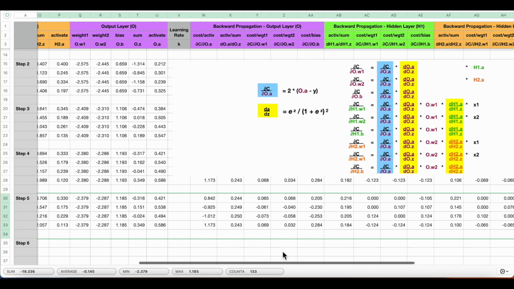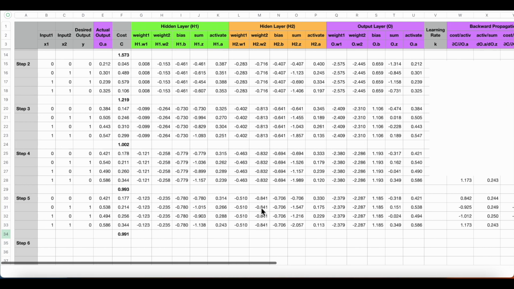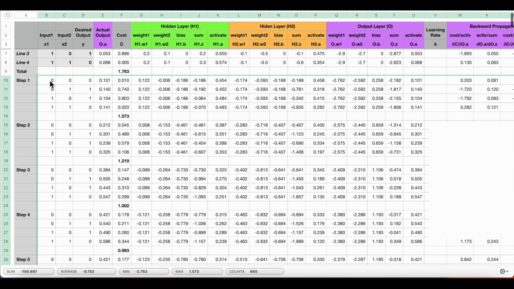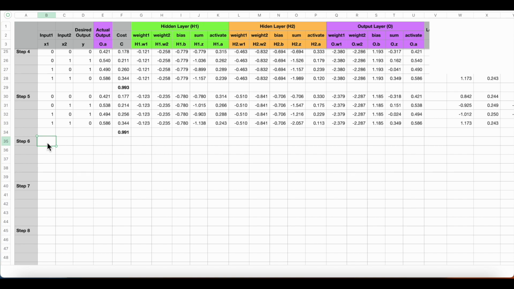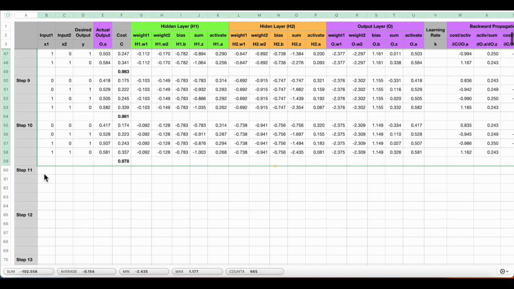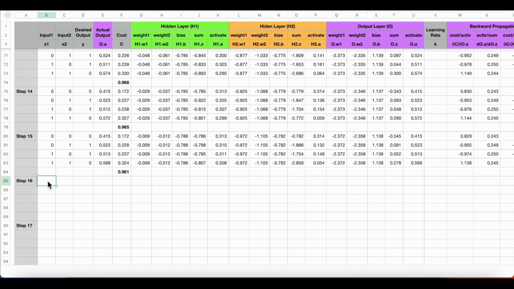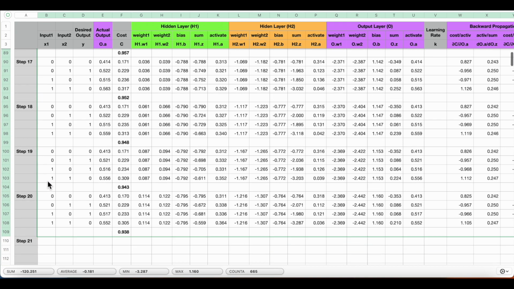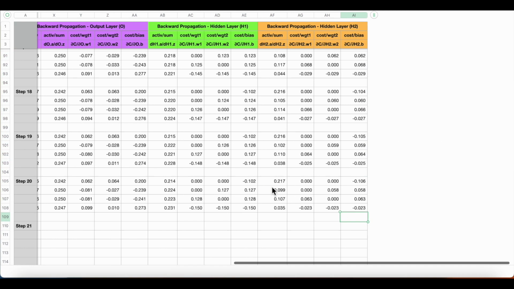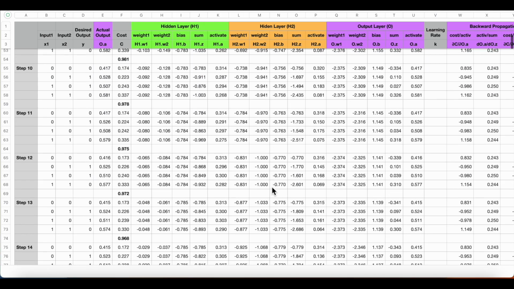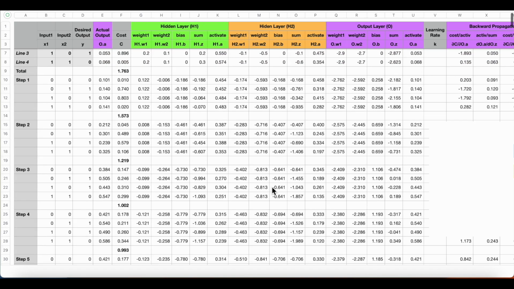And to make it easier on myself, I'm going to copy these 5 at a time. And now that I have 20 set up, I'm going to copy them 20 at a time. And that way we'll be able to get our 100 steps set up quite quickly.